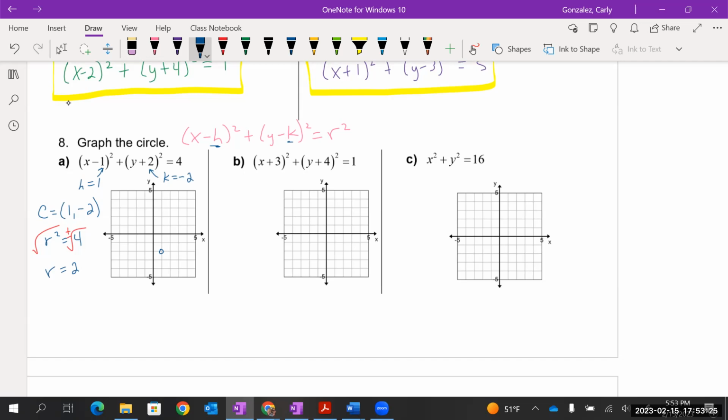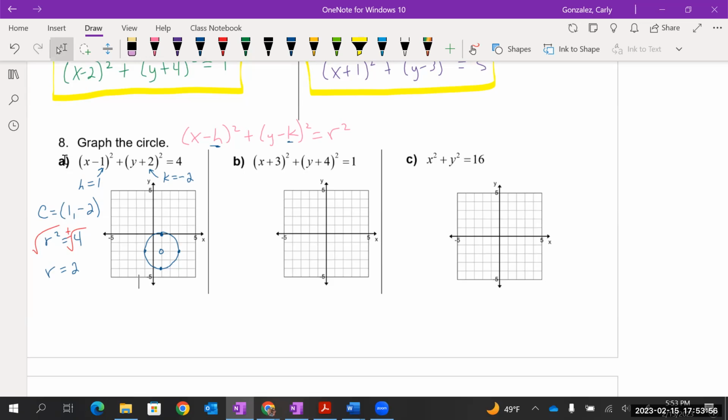So I'll go up 2, put a point, back to the center, right 2, put a point, back to the center, down 2, draw the point, back to the center, and left 2. And now I have my circle of radius 2 centered at 1, -2. And that is the graph of this given equation.